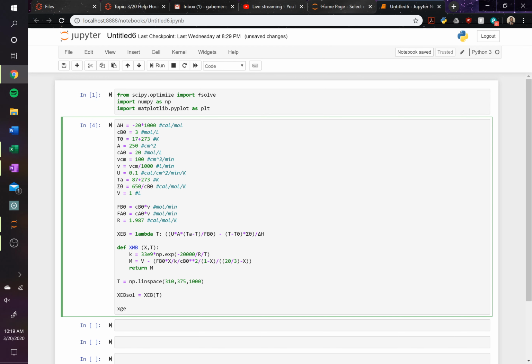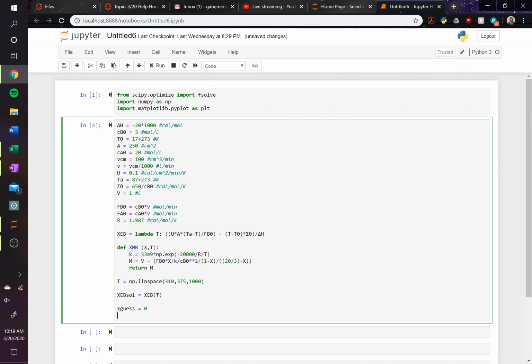So we're going to start off with a guess of 0 for our initial conversion, and I'm going to make just an empty array for our solution.